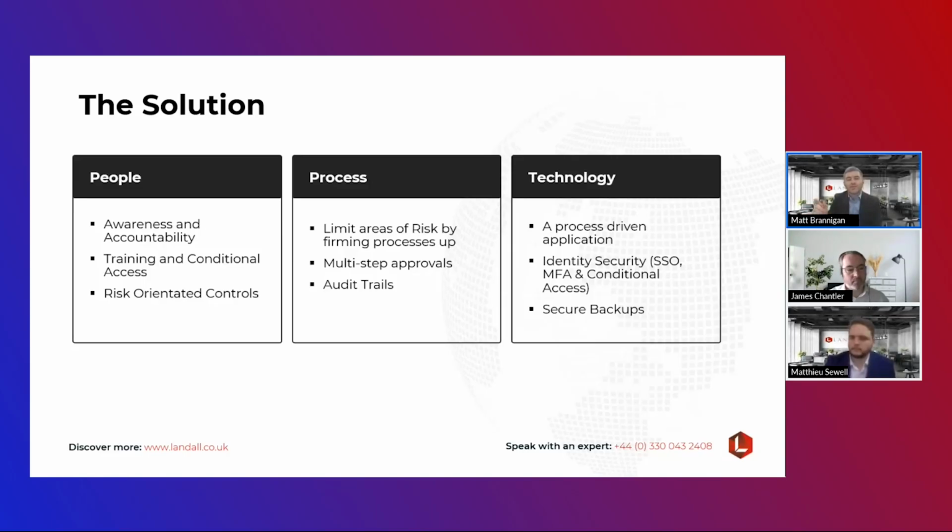Wherever risk can be limited, we should be taking those opportunities. Absolutely. Like I said earlier, this isn't an IT problem, it's a business risk issue. So having all of these three elements in place, DocuWare and your security awareness training and all of those elements are building into firming up that security posture.